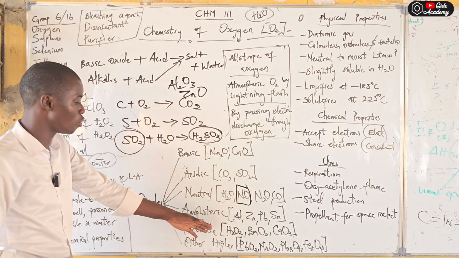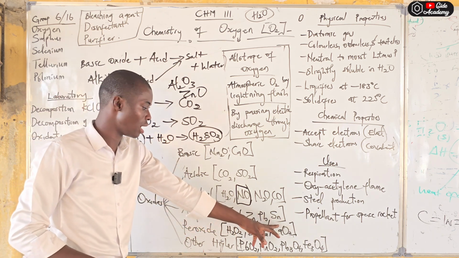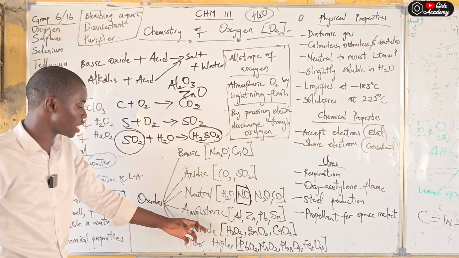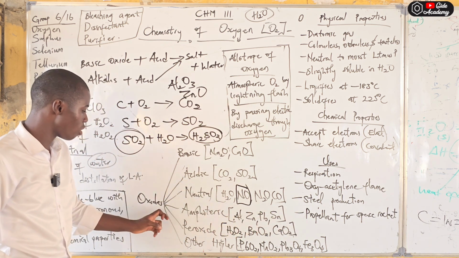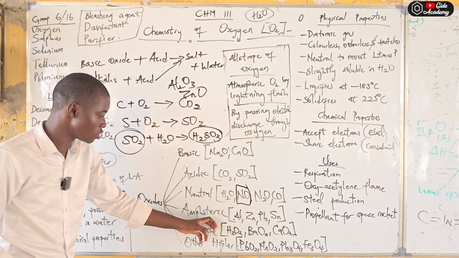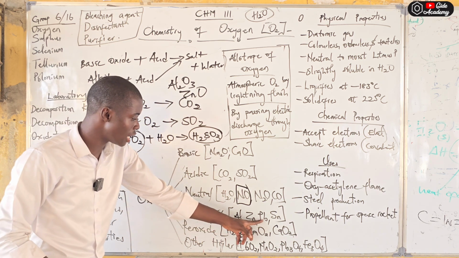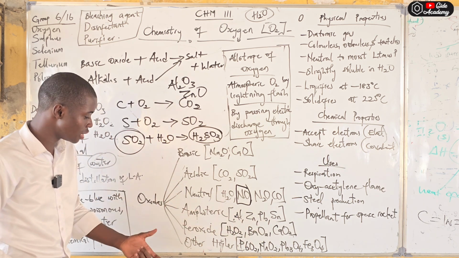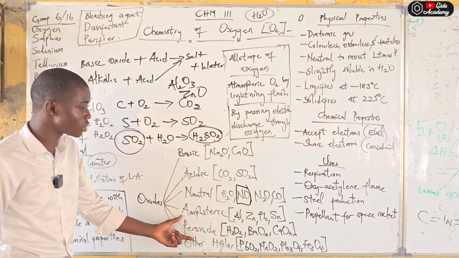Zinc oxide is an example, lead oxide, tin oxide. So these are amphoteric oxides. Aluminium, zinc, lead, and tin are all considered as amphoteric oxides.